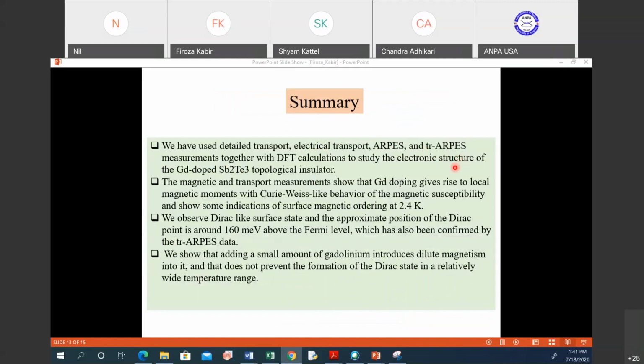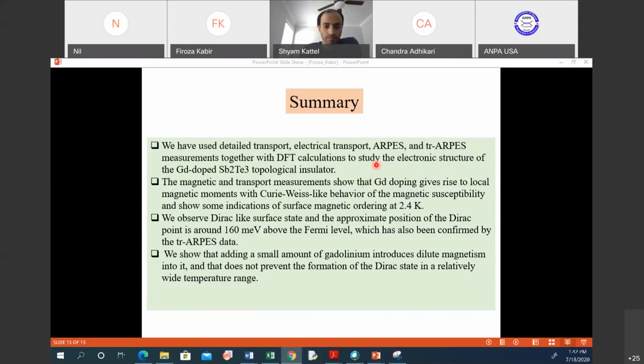So basically, we have used transport, ARPES, time-resolved ARPES, and DFT calculation to study the electronic structure of this Gd-doped antimony telluride.